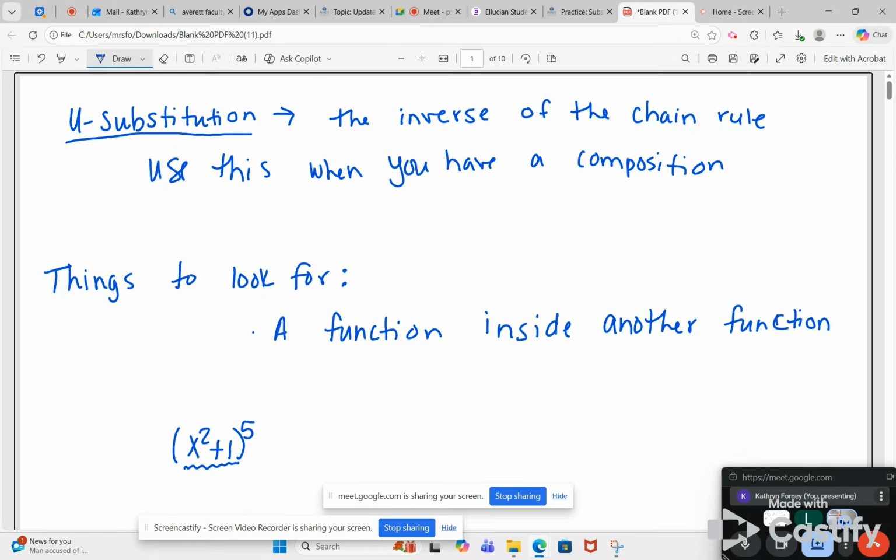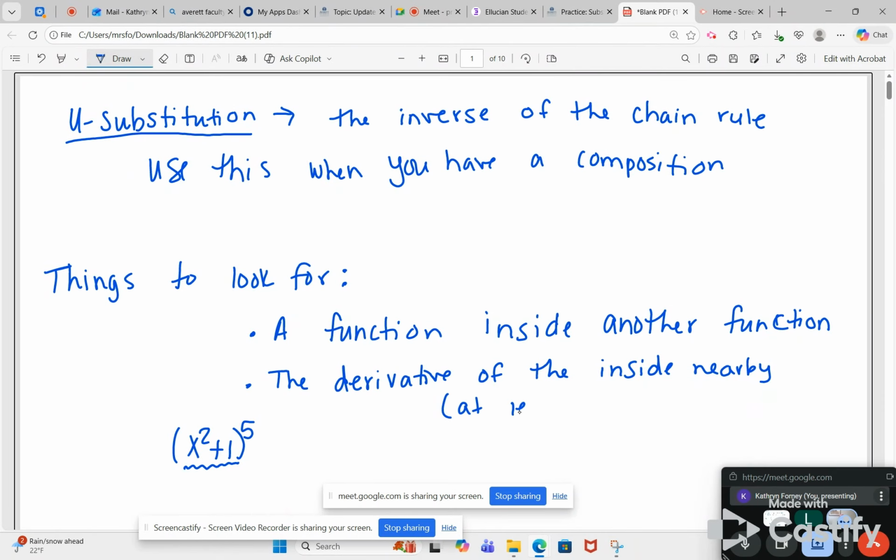So we look for a function inside of another function, but there also has to be the derivative of the inside function within it, nearby, or at least part of it.